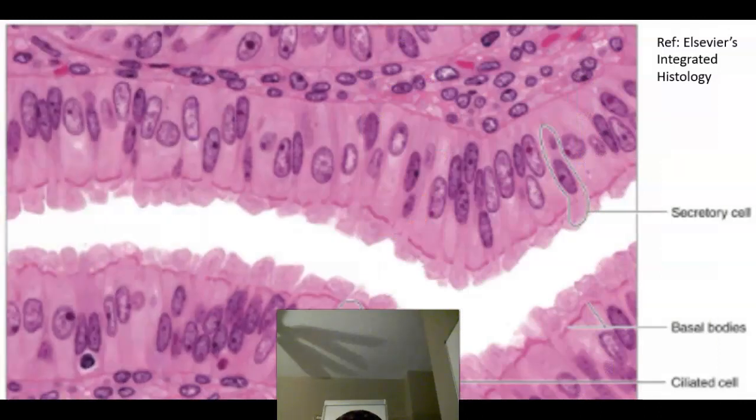Here is the lining epithelium. These are tall columnar epithelium with cilia, supported by the lamina propria. There is loose connective tissue rich in blood vessels, lymphatics and nerves.